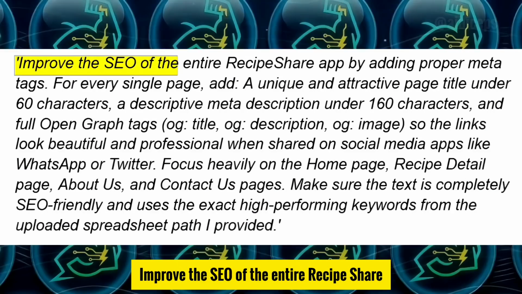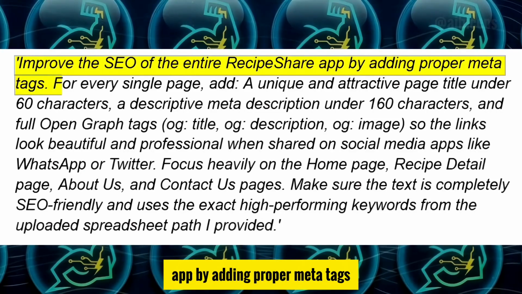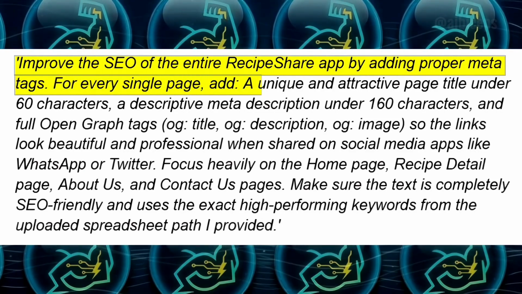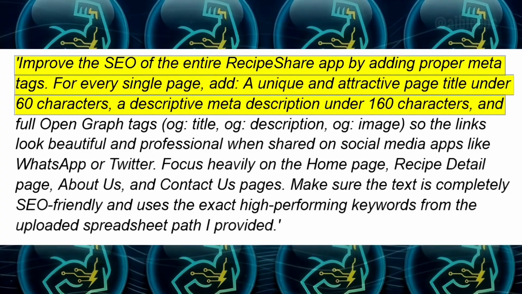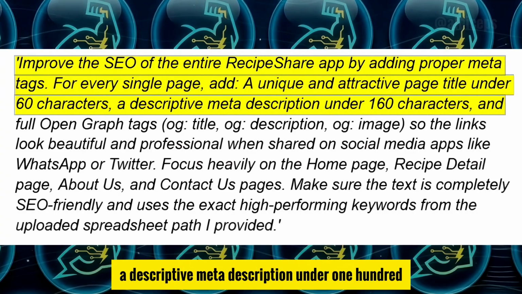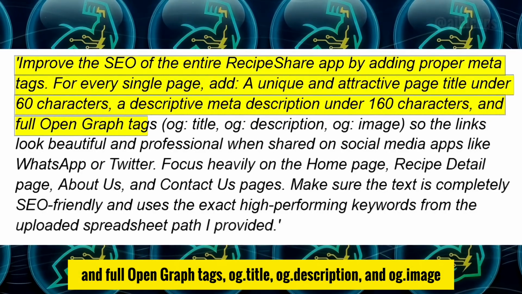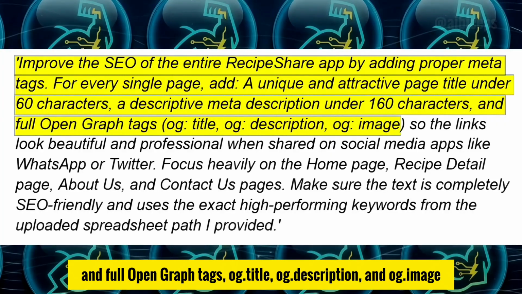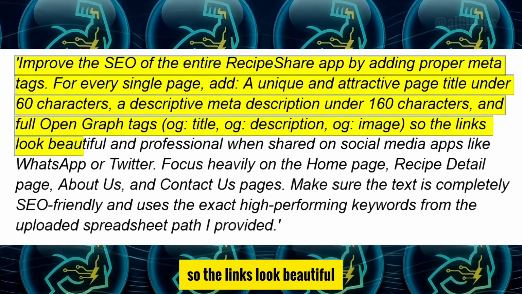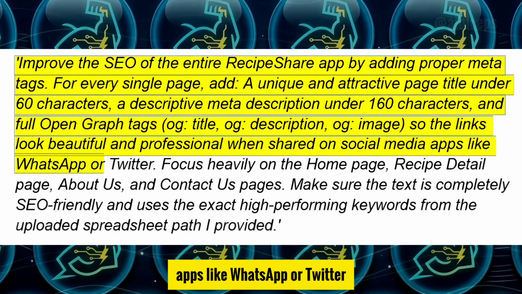Improve the SEO of the entire RecipeShare app by adding proper meta tags. For every single page, add a unique and attractive page title under 60 characters, a descriptive meta description under 160 characters, and full open graph tags: og:title, og:description, and og:image, so the links look beautiful and professional when shared on social media apps like WhatsApp or Twitter.